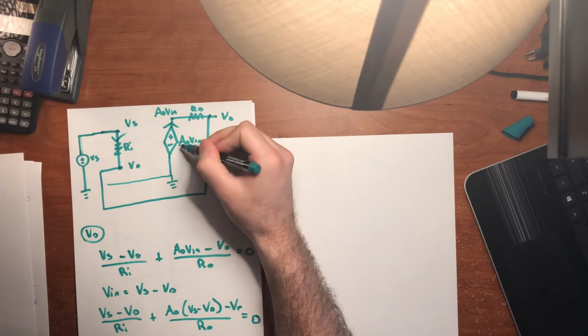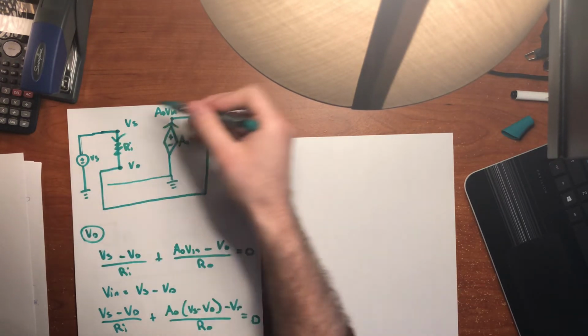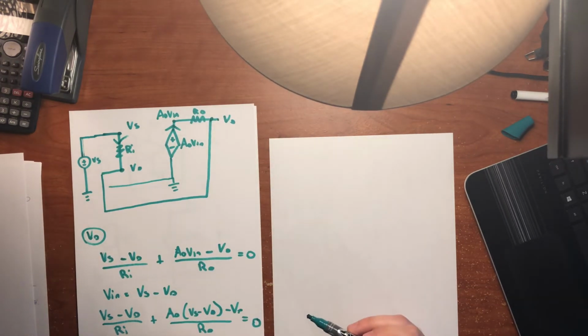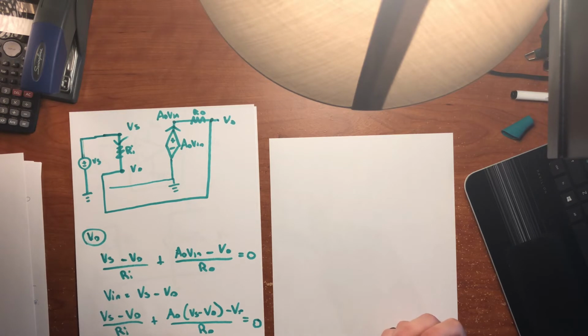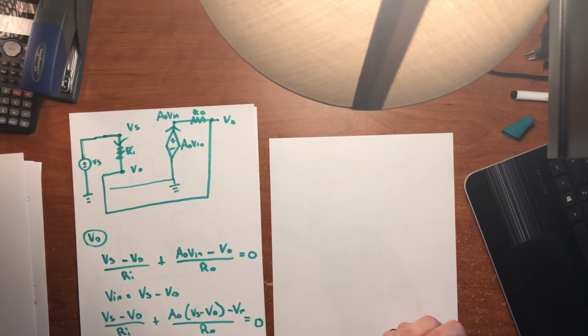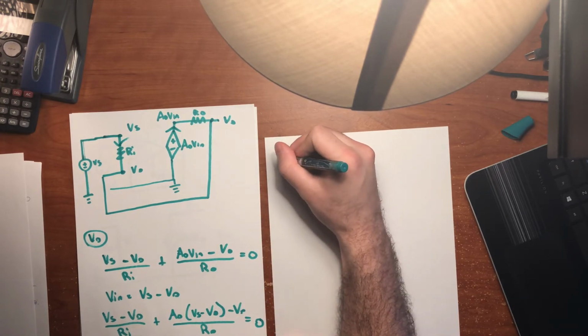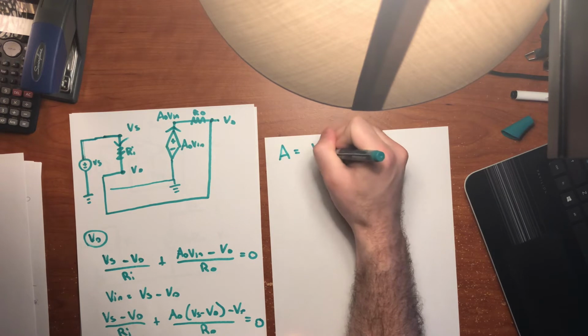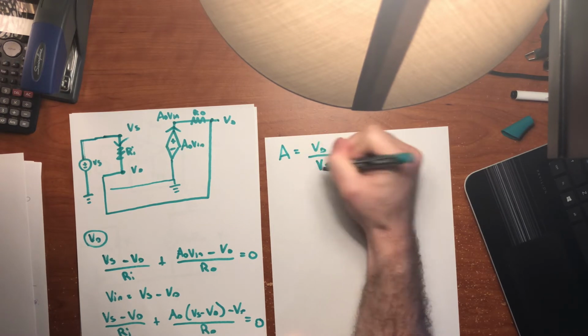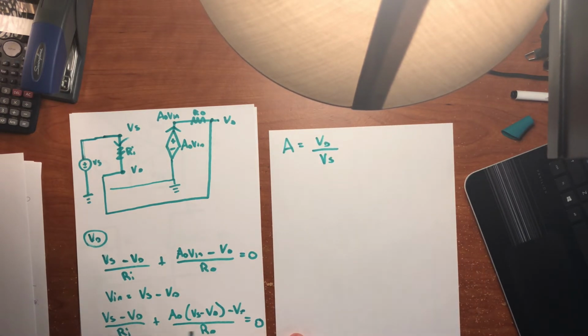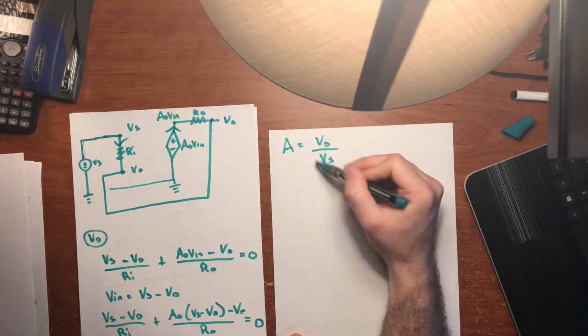So the gain of the op amp is A naught. The overall gain will be A. A is just V naught over Vs, so it's the output over the input. So we want to find A, which is V naught over Vs. So we have an equation where we could simplify in order to get the overall gain.